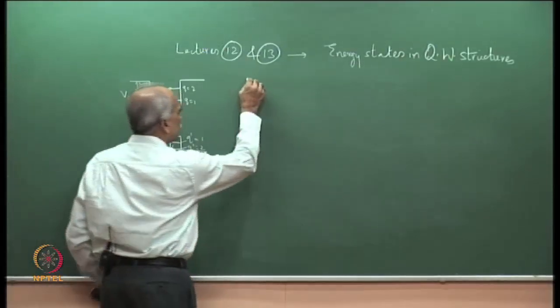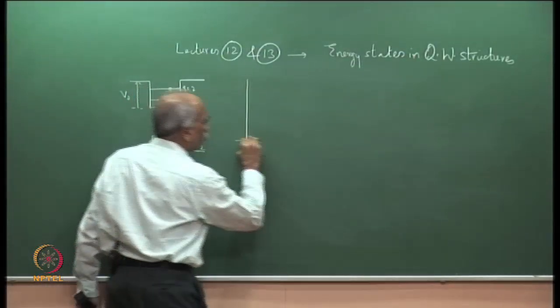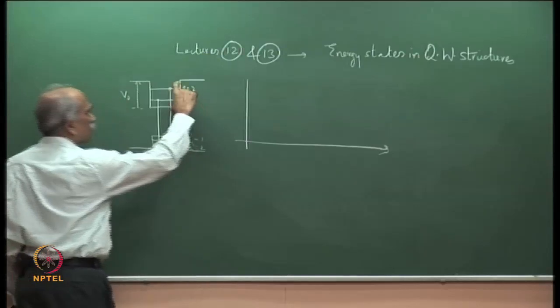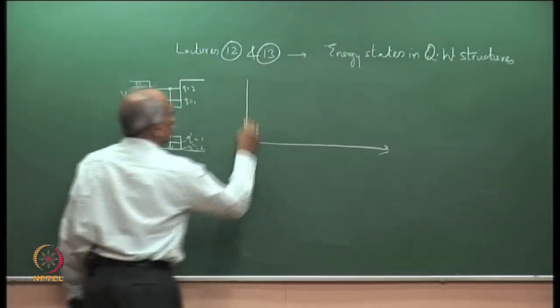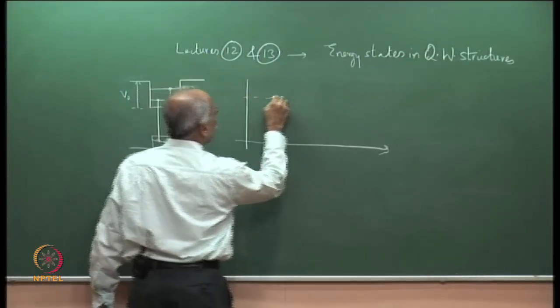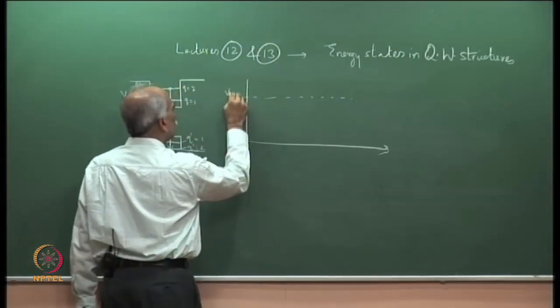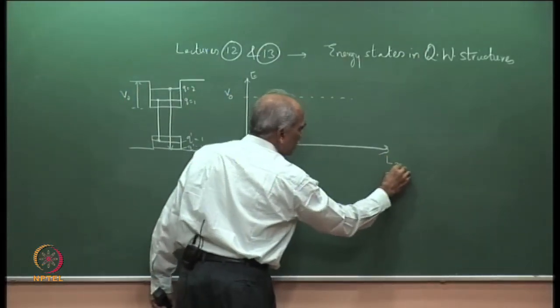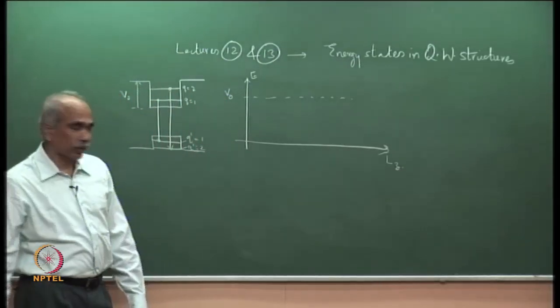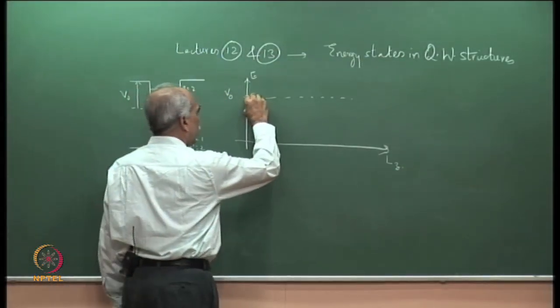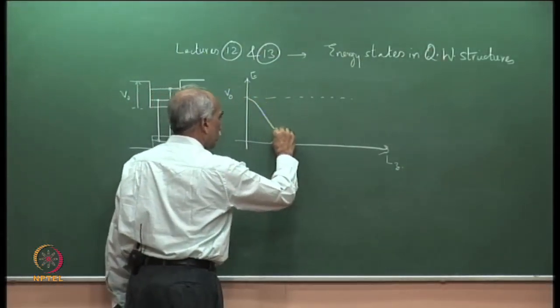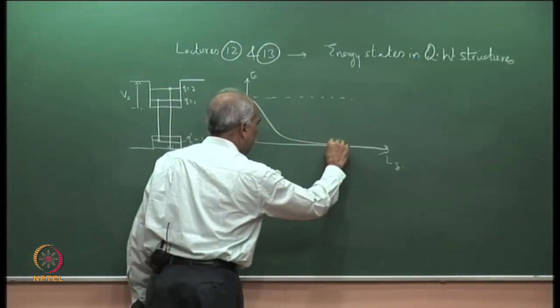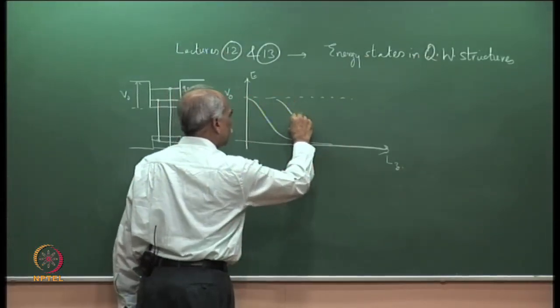Further, we had seen that for the upper potential well for electrons, if this is V0, this is the allowed energy values versus the thickness Lz of the quantum well structure. We have energy varying like this.